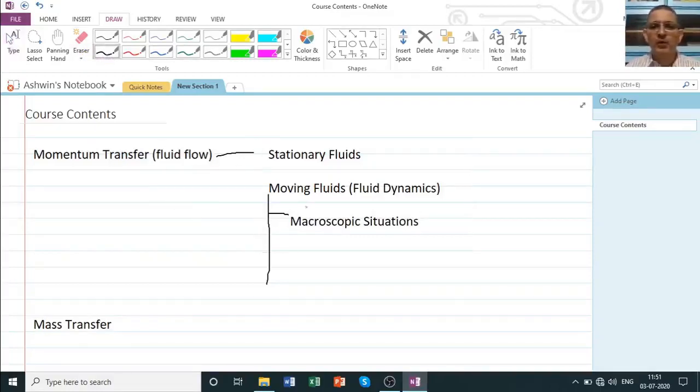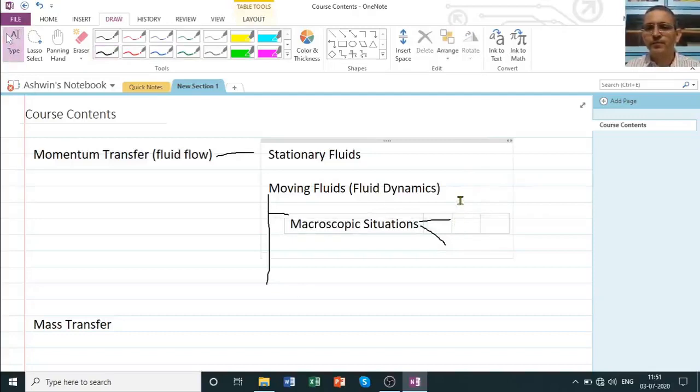And then in macroscopic situations, we are going to talk about different things. One of the things that we are going to talk about is forces.